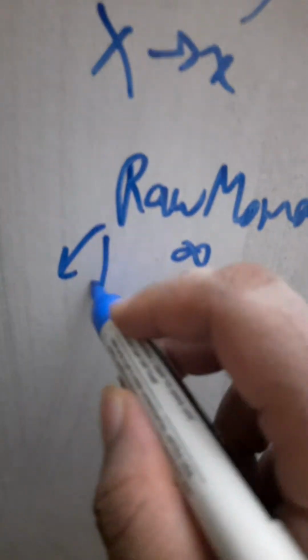Wait a second, let me show you. In the moment generating function from a, there are actually three things you can specify: how many, and from where, central or origin. So in a moment, what you can specify is the power of the function and the point of the function.